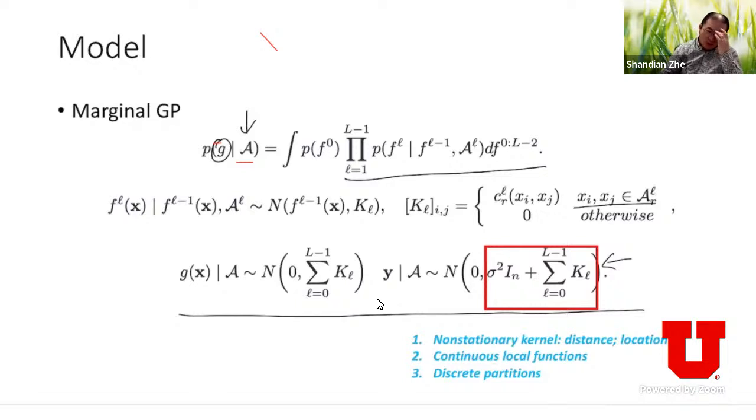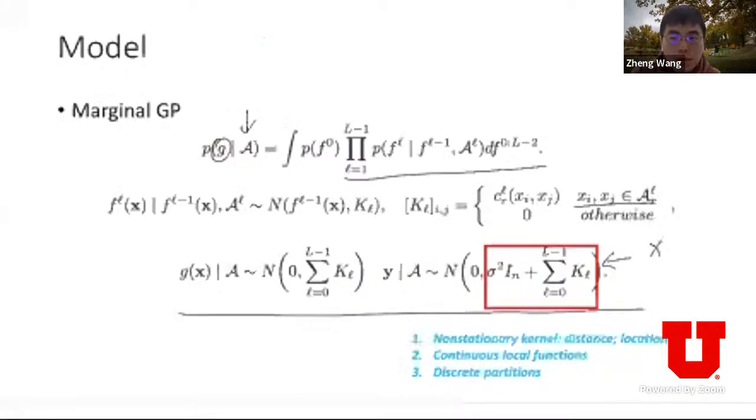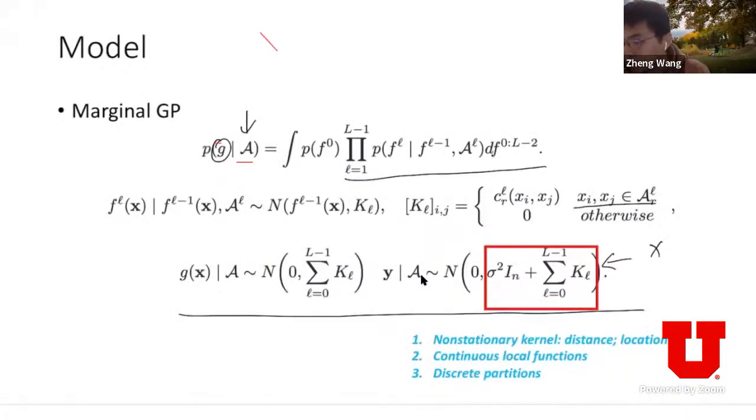Okay. So why do you say it's non-stationary? Because if we want to give the covariance between x1 and x2, we must know the location of these two inputs, because if they are not in the same partition, their covariance is 0, right?